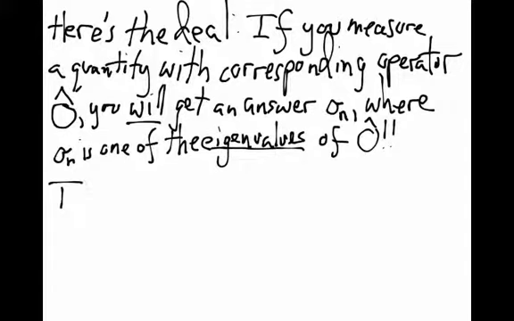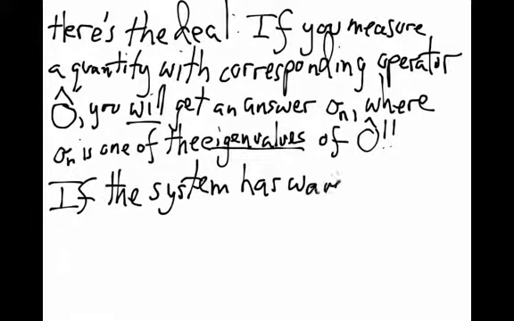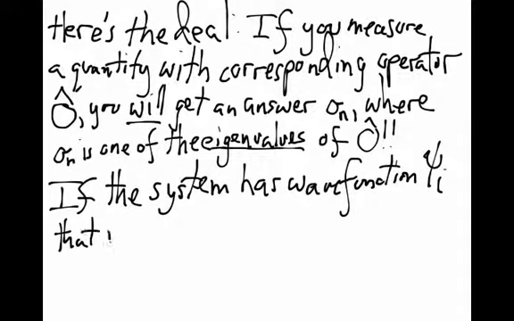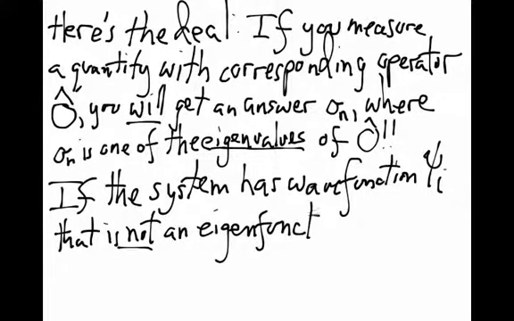And if at the beginning the wave function of the system actually is an eigenfunction of O hat, then you're just going to get one number, one little o, and that's going to be the eigenvalue of psi.